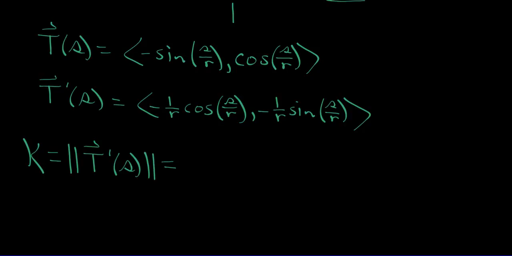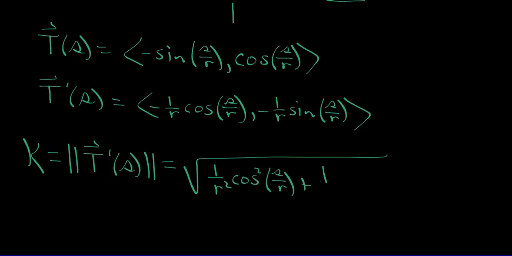Now, if you look at this, let's just go ahead and do this. This is 1 over R squared cosine squared S over R plus 1 over R squared sine squared S over R. This is my curvature right here. Now, you'll notice that sine squared and cosine squared are there.